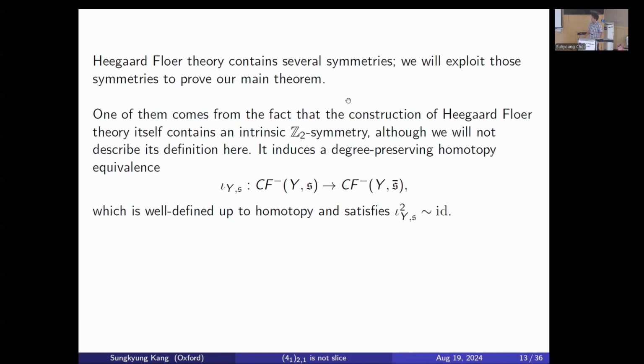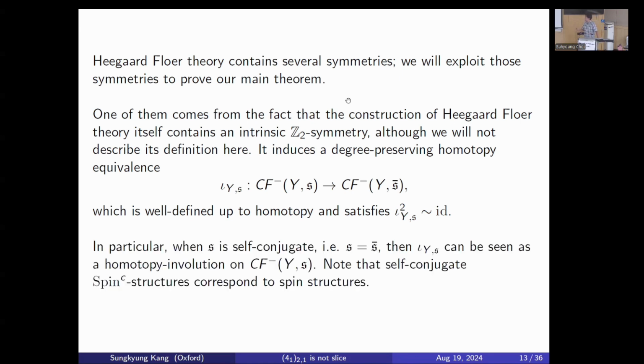We're not going to describe its definition here. It was defined first by Hendricks and Manolescu. It's called involutive Heegaard Floer homology. Anyway, the algebraic data you get is a degree preserving homotopy equivalence from CF minus of S to CF minus of S conjugate, for any spin-C structure. This is well defined up to homotopy and is a homotopy involution.